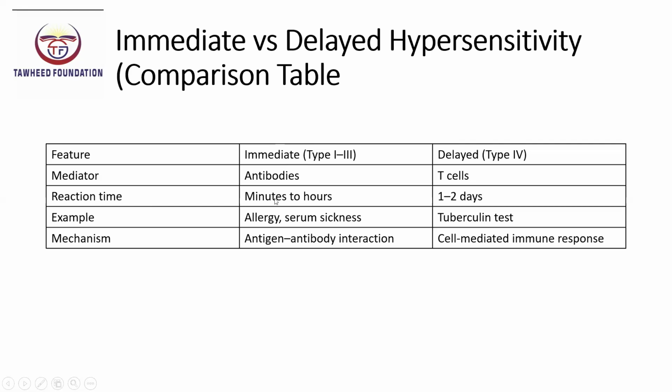Reaction time for immediate hypersensitivity is within minutes to hours, whereas in delayed type, it takes around 1 or 2 days. Examples of immediate hypersensitivity include allergy and serum sickness, whereas in delayed hypersensitivity, the example is the tuberculin test. Mechanism of immediate hypersensitivity shows antigen antibody interaction, whereas for delayed type, it shows cell mediated immune response.